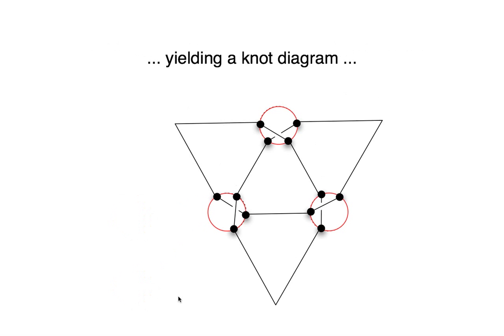So we plug them in various ways. In this case, the way I've plugged them in, they all go the same way, so to speak. They're just rotations of each other.